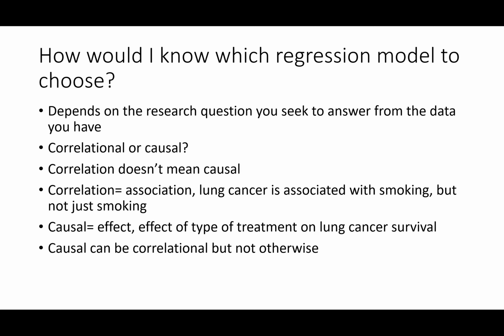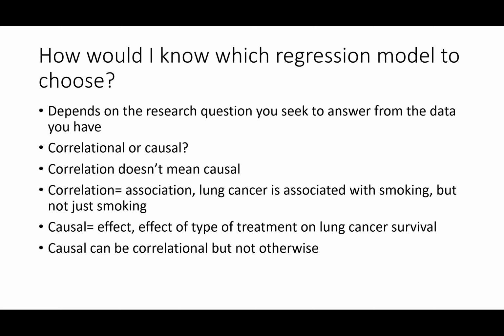Personally I got so confused initially about the difference between correlation and causal. So here's the magic. Correlational doesn't mean causal, although causal does mean correlation, not the other way around. Correlation is basically if you want to know an association, like is lung cancer associated with smoking?